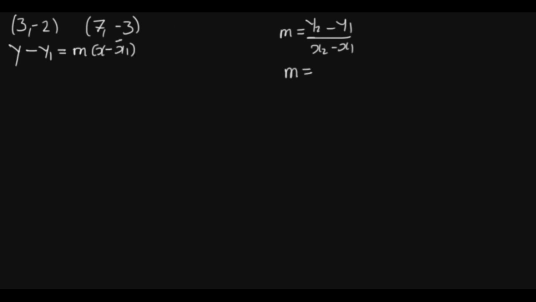So y2 is negative 3, y1 is negative 2, over x2 which is 7 minus 3. So here we have negative 3, negative times negative, that is positive 2, over 7 minus 3 which is 4.